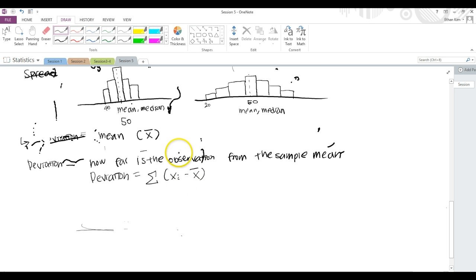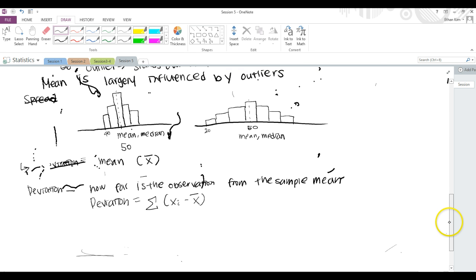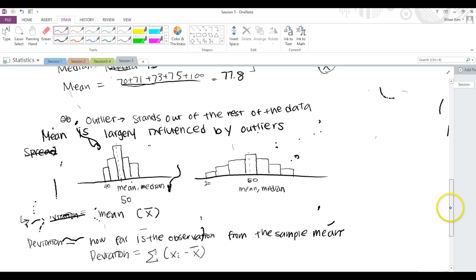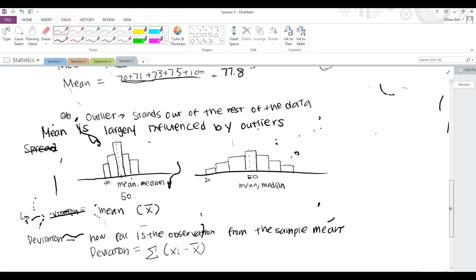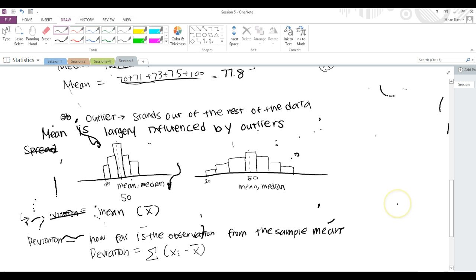If we use one of the examples up there, let's use this data here. This is the observation: we have 70, 71, 73, 75, and 100, and we got an x bar of 77.8.